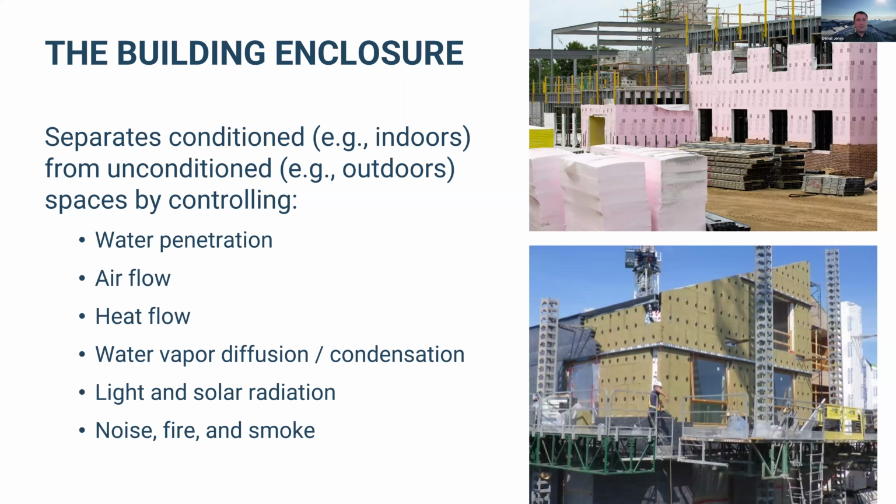And it has to meet the aesthetic expectations of whoever's occupying and living around the building. So we want to make it look good as well. So we're asking a lot of the enclosure. It's a big focus of any building design. So it's doing all those things all the time for the life of the building.